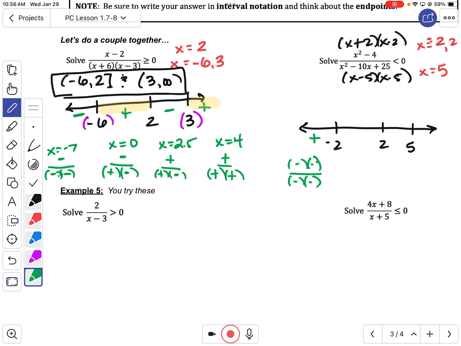Good. Give me a number between negative 2 and 2. 0. Okay, let's plug that in. I'd get a positive and a negative, and then a negative and a negative. What's my overall sign going to be at the end? Negative.